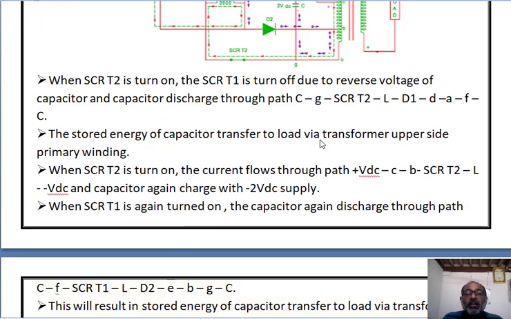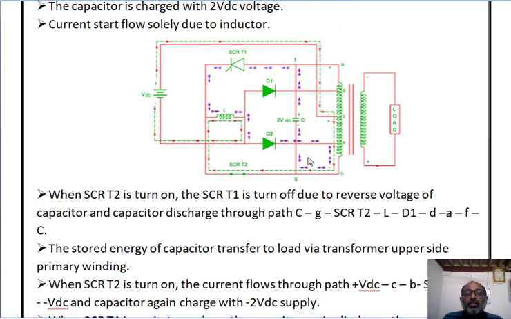Now when SCR T2 is on, the current flows from plus VDC to C, then B, then SCR2, then inductor and minus VDC. Now due to this, capacitor C is charged at minus 2 VDC. That means it is in reverse direction.